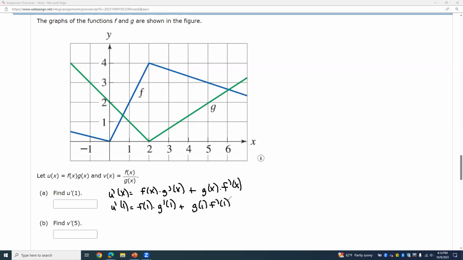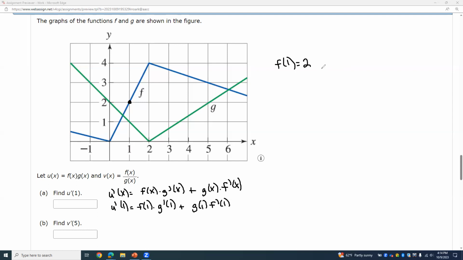Really, this first part A is all centered around 1. So first things first, it looks like we need f of 1. f was the blue line, so we go and look at the graph and locate what f of 1 is. I'm just going to write this off to the side. This is really almost the same as the last problem, just a little more pain because we have to go into the graph to find it. Okay, so f of 1 is 2.